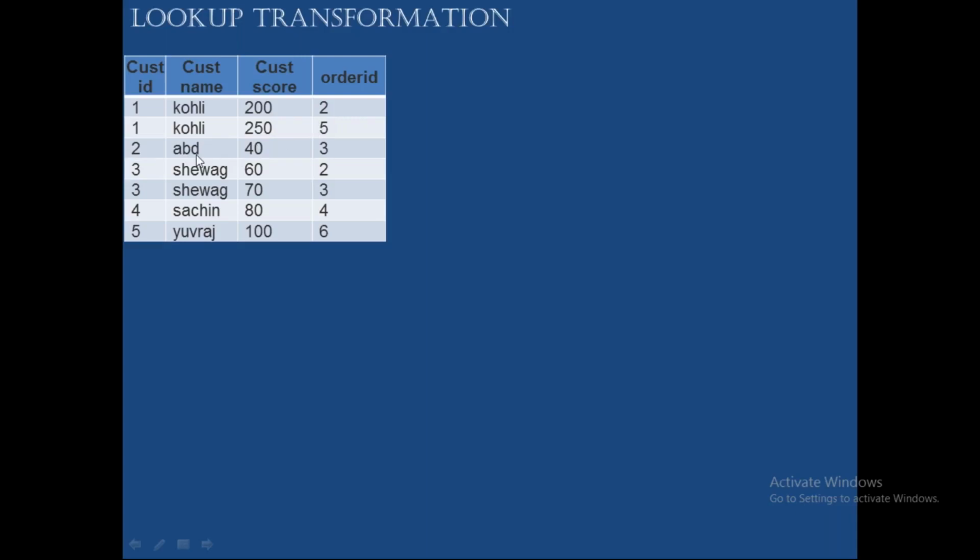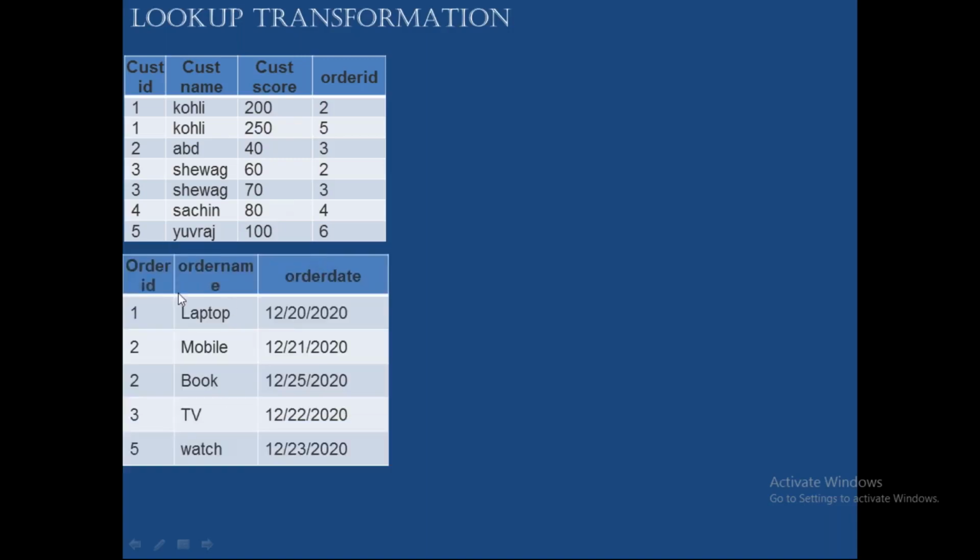ABD's score is 40 when he has placed order ID 3. Sehwag 60 score when he placed order ID 2. Sehwag 70 score when he placed the third order. Sachin 80 when he placed order 4. Yuvraj 100 when he placed the sixth order. So these are the order information. 1 laptop and 2 mobile, 2 book, 3 TV, 5 watch.